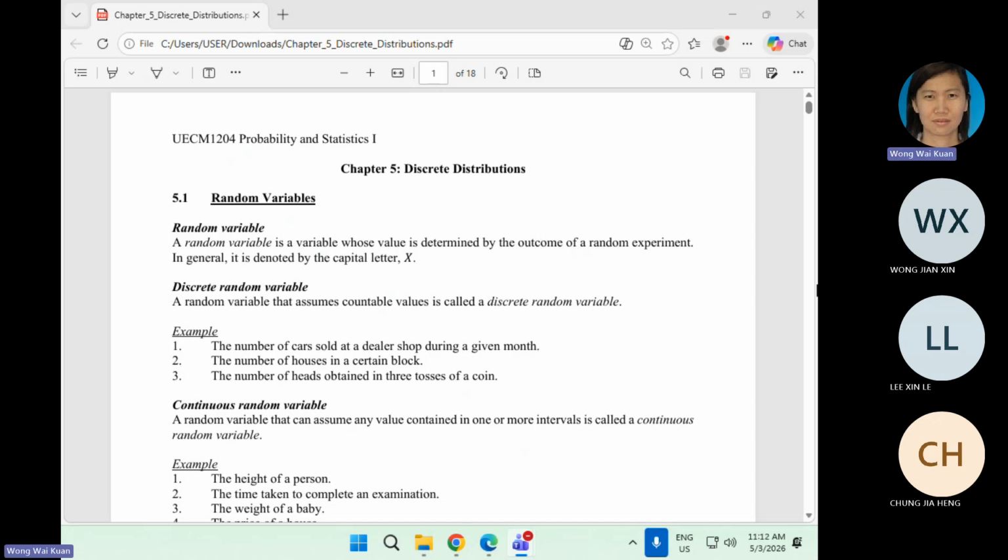Okay, so now, remember when you do an experiment, when you flip a coin, you may get head or tail. Am I right? But when we try to put under discrete distributions or random variable, then we cannot accept head or tail.